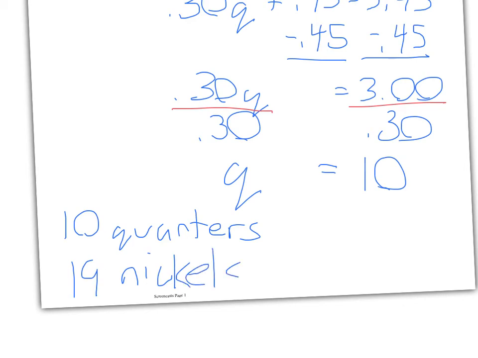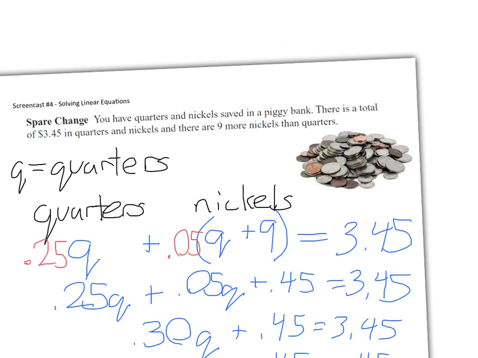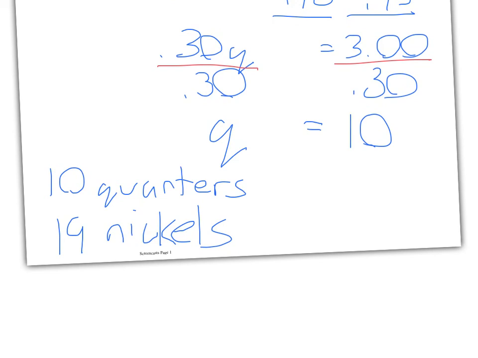All right, let's check our math, just to be on the safe side. We know the total had to be $3.45 as evidenced right here. If I have 10 quarters and 19 nickels, does that add up to $3.45? Absolutely, because look, if you have 10 quarters, that's 10 times 0.25, which is how much money? That's right, $2.50.